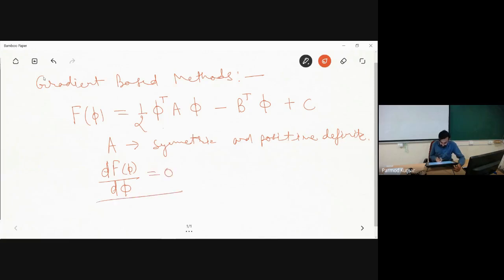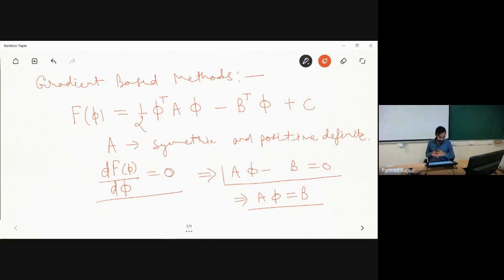Once we substituted this condition, we found that it results in A phi minus b equal to 0. This is nothing but our system of equations A phi equal to b. So whatever function we have taken in gradient based methods, if we minimize it, that results in the solution of our system of equations.